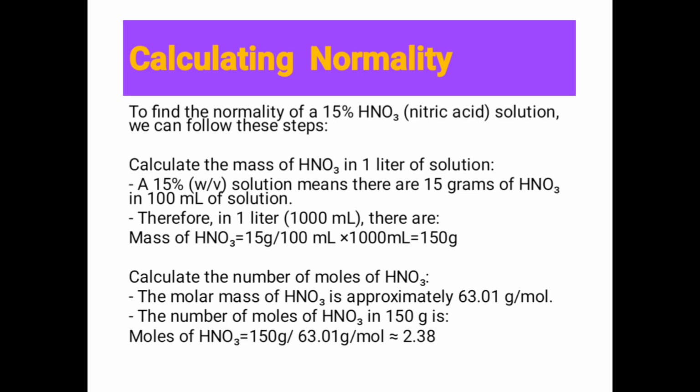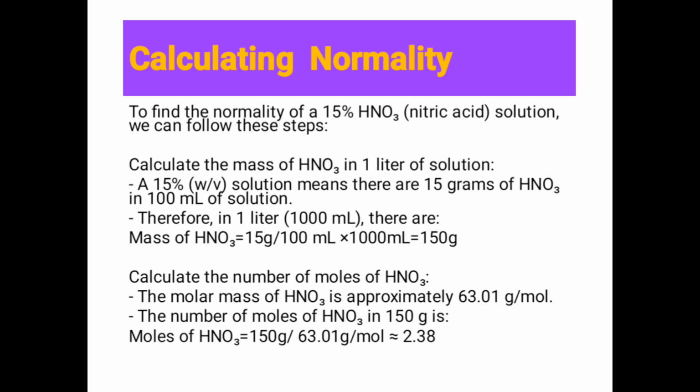The next thing we are now going to look at is to convert that mass to mole. And that is 150 divided by 63.01, because the molar mass of HNO3 is 63.01 gram per mole. That's hydrogen 1 plus 14 plus 16 times 3.